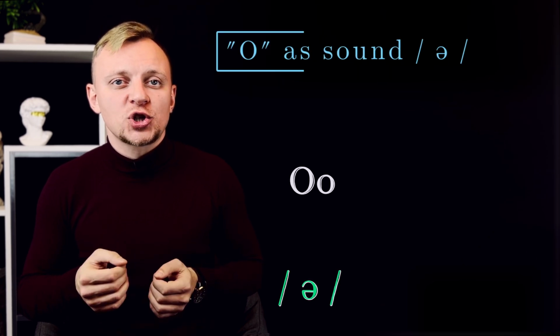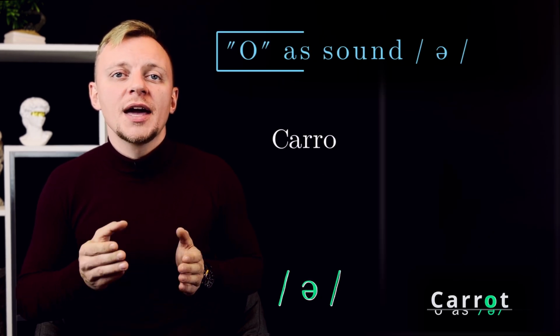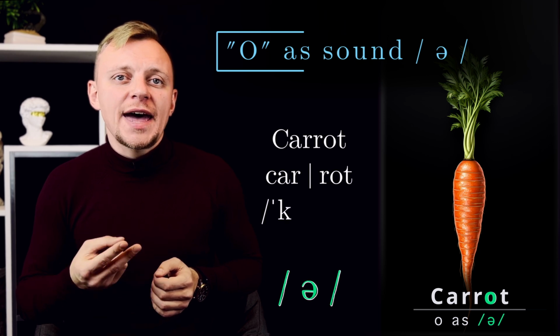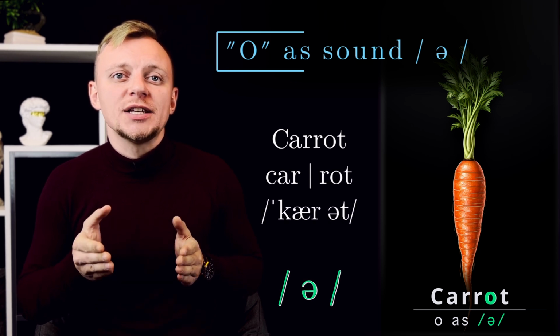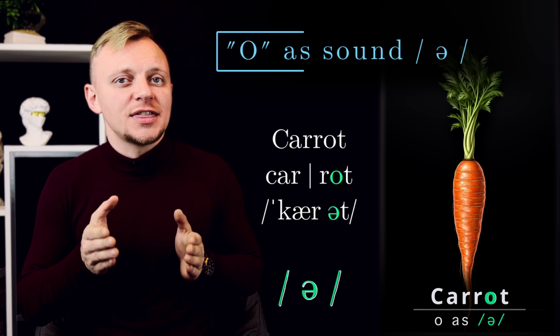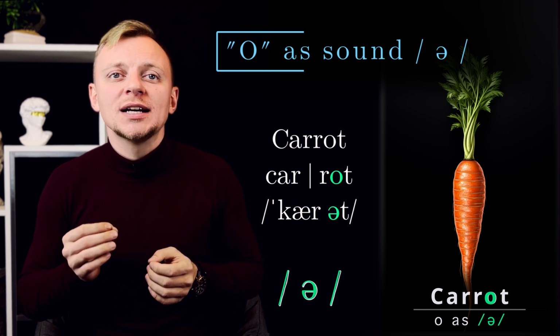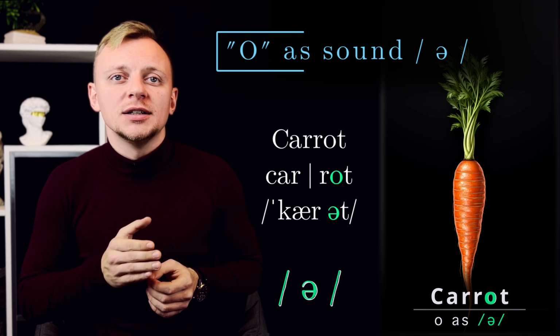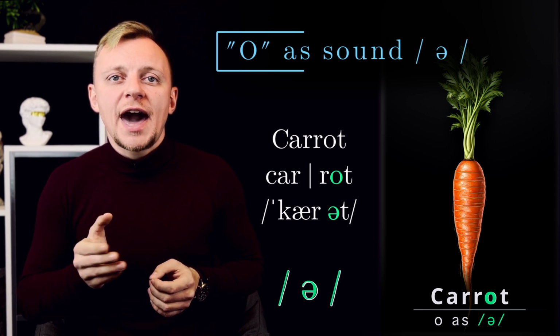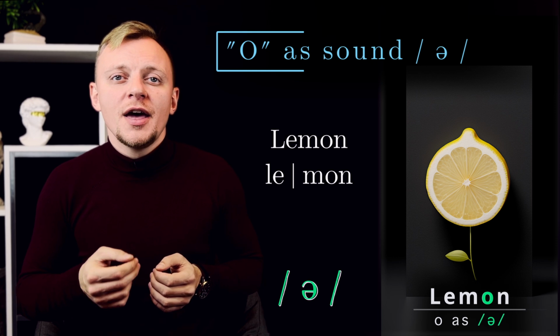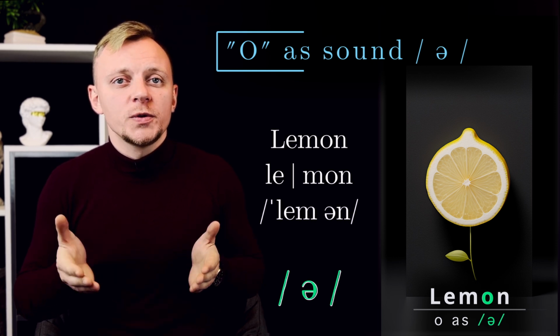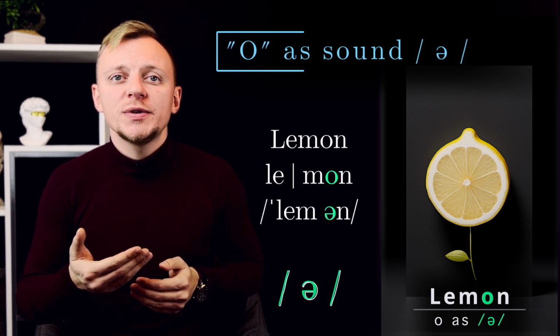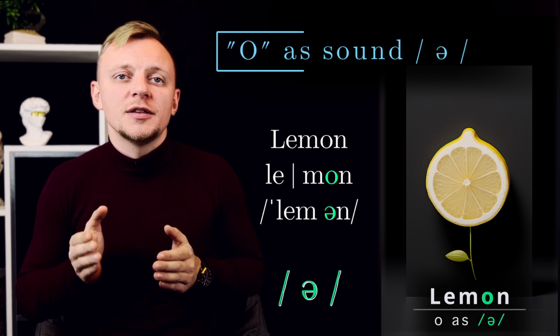O as schwa, carrot. The second syllable in this word is also unstressed, and that is why O sounds like uh. Carrot. Lemon. The second syllable here is also unstressed, and that is why O sounds like uh.